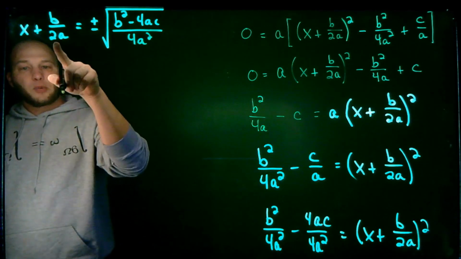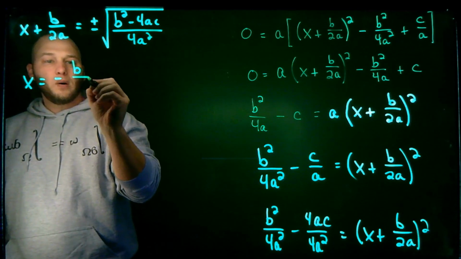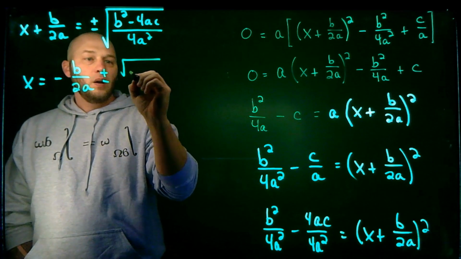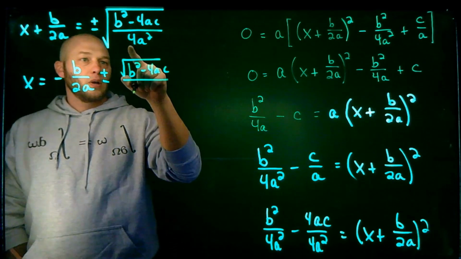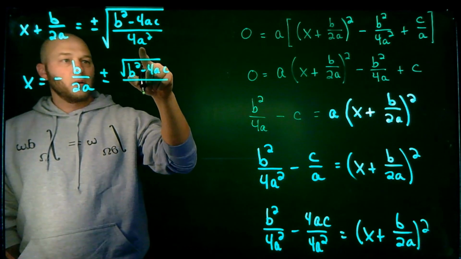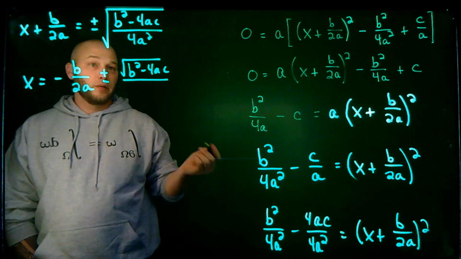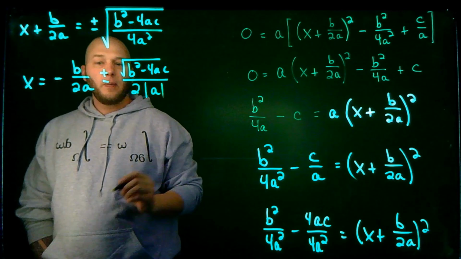All right, now subtract this term over. I get x is equal to negative b over 2a plus or minus the square root of b squared minus 4ac. And of course, the square root of 4 is 2. The square root of a squared is the absolute value of a. So this would be 2 absolute value of a.